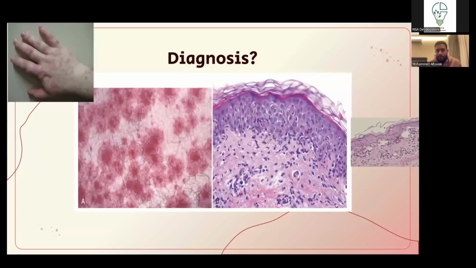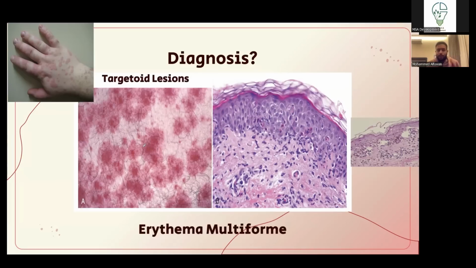This is erythema multiforme. From the name itself, there are multiple forms to the erythema. Erythema is redness of the skin, and it can present as macules, papules, plaques, whatever. However, something so specific that you need to know is what are these lesions called? Target lesions or targetoid lesions. Excellent.